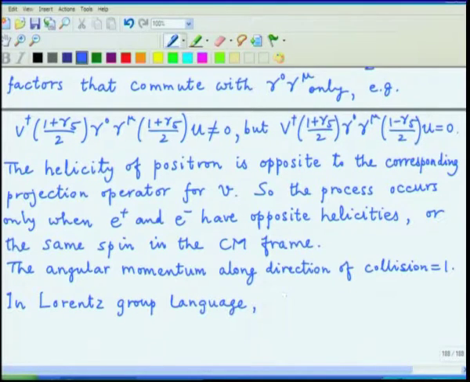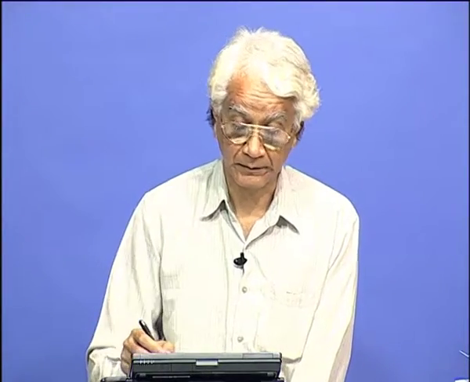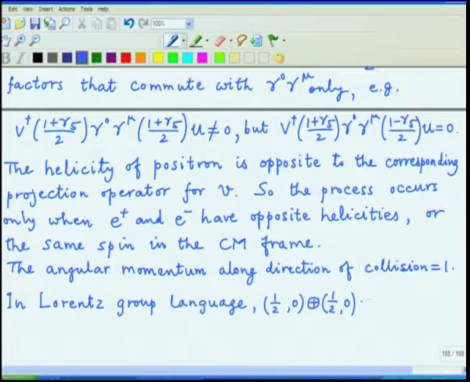The objects which we have are two Weyl spinors u and v. Both of them have the same projection structure.